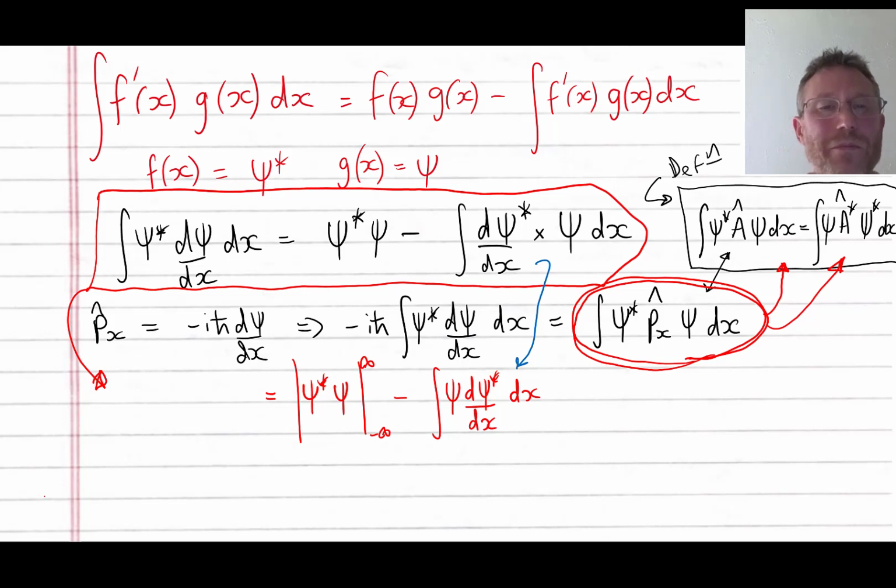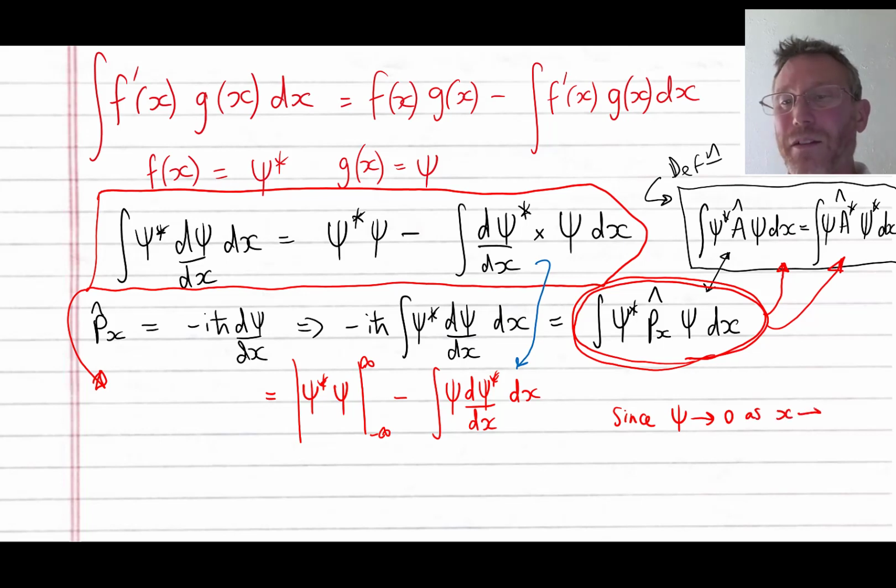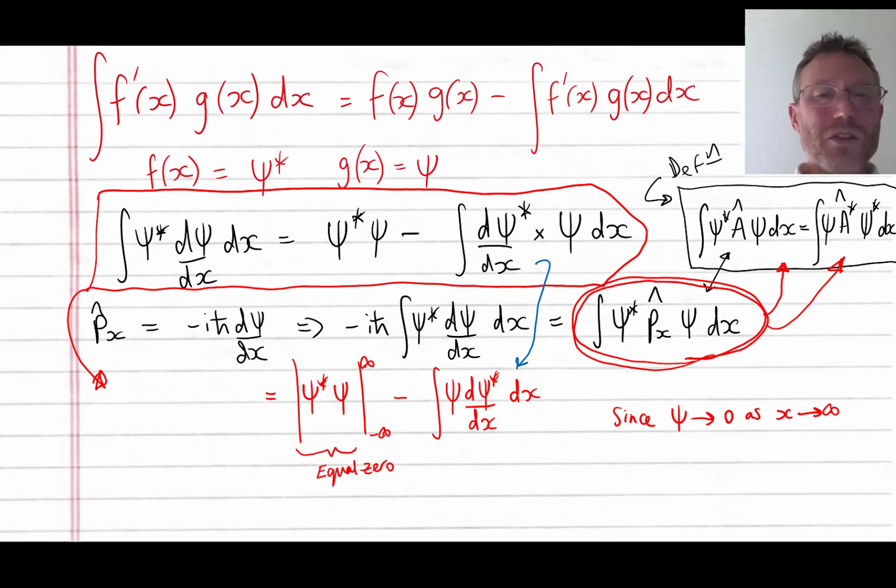Furthermore, from the previous slide, since we know that psi goes to 0 as x goes to infinity, then we know that this piece in our integral will equal 0. So what we're going to end up with, let's put the whole expression in.